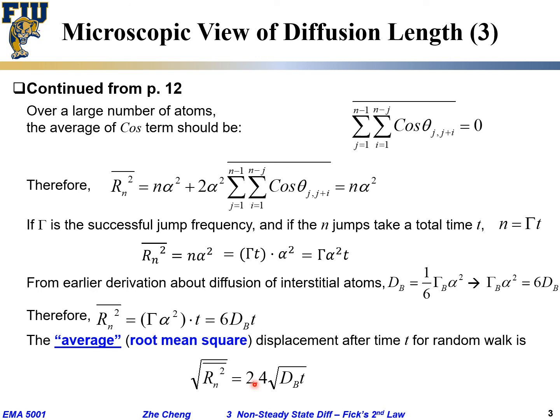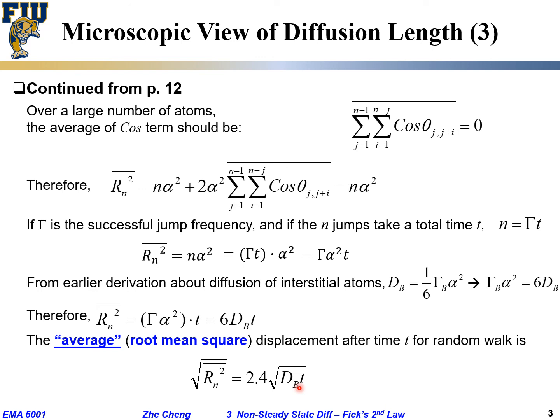What does this mean? Remember, what does Rn mean? The vector going from the original location to its final location. And when you do this over a large number of atoms, you find this average value is now 0. As time goes on, as t increases, the root mean square value goes higher and higher. Make sense? Which means if you look at any atom, on average after time t, it is not sitting at the same location.